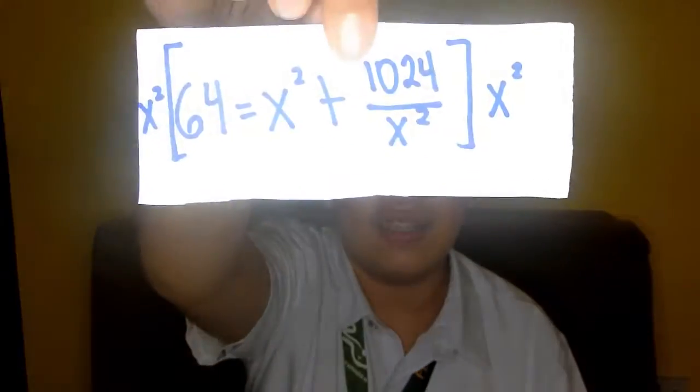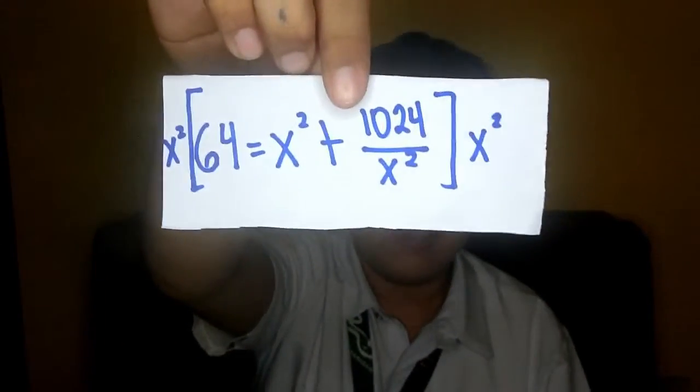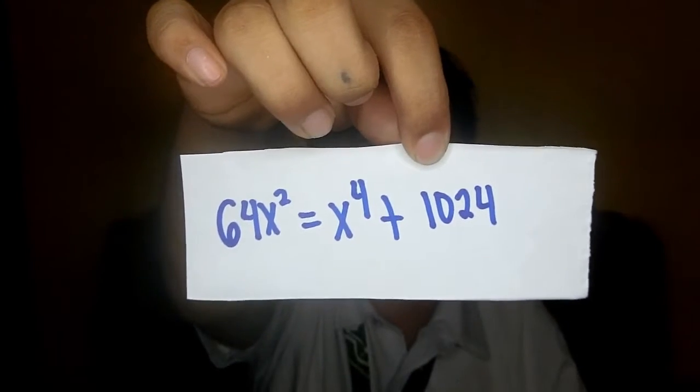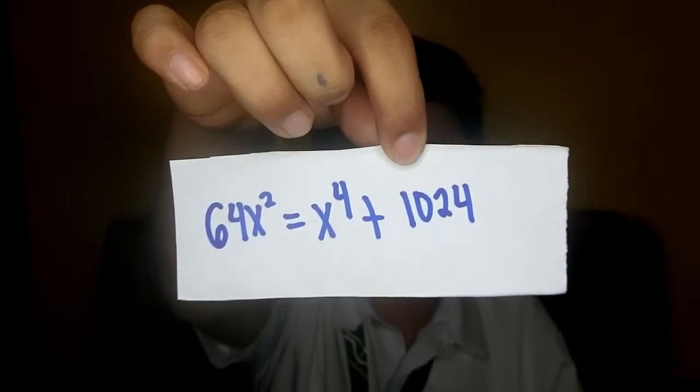To remove x squared from the denominator, we need to multiply both sides by x squared. After that, the answer is 64x squared equals x to the fourth plus 1024.